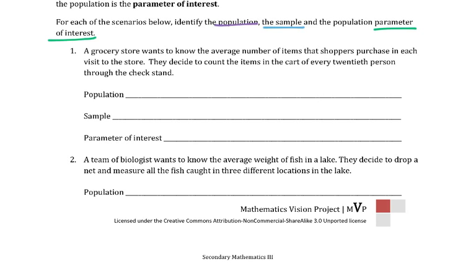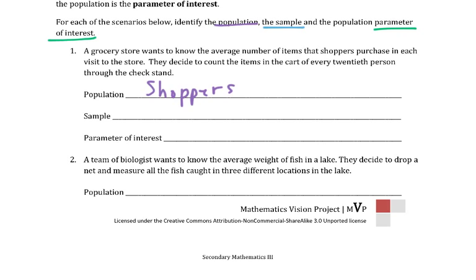Okay, so we take a look at number one. A grocery store wants to know the average number of items that shoppers purchase in each visit to the store. They decide to count the items in the cart of every 20th person through the check stand. So the population would be the shoppers that are purchasing. Sometimes you can get pretty specific with the shoppers' wording.